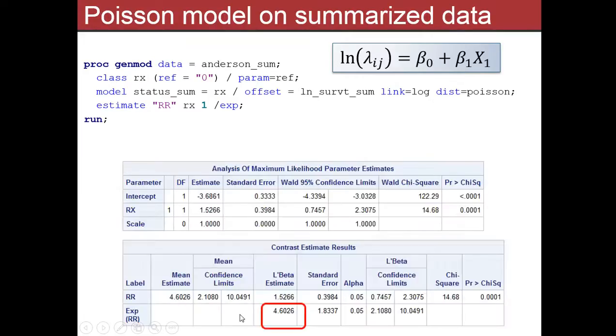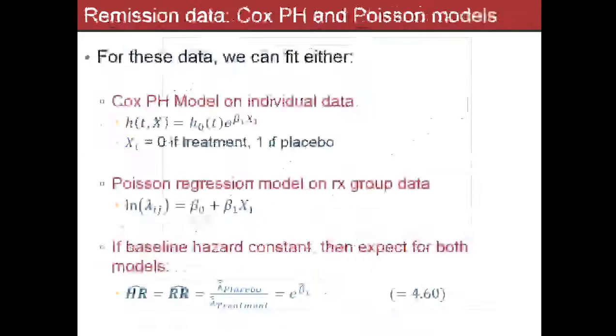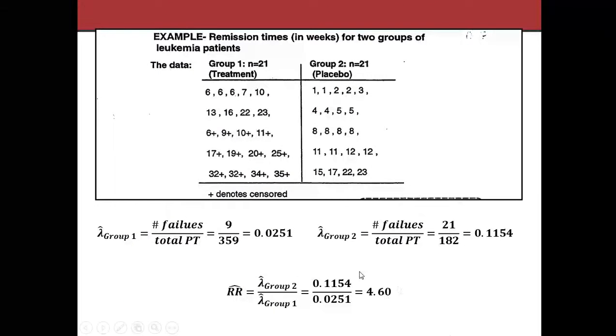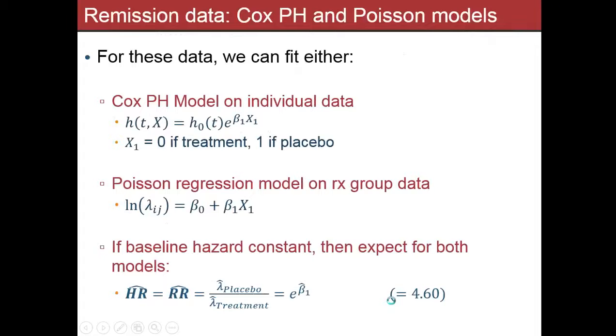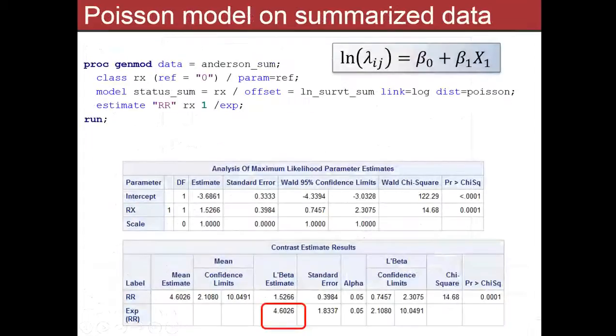And lo and behold, we get 4.6. If you remember, 4.6 was the unadjusted rate ratio that we computed manually. So there it is again, 4.6. It's a little unglorious because we're not actually controlling for anything, so you get what you could have done by hand, the unadjusted rate ratio for effectively a 2x2 rates table.